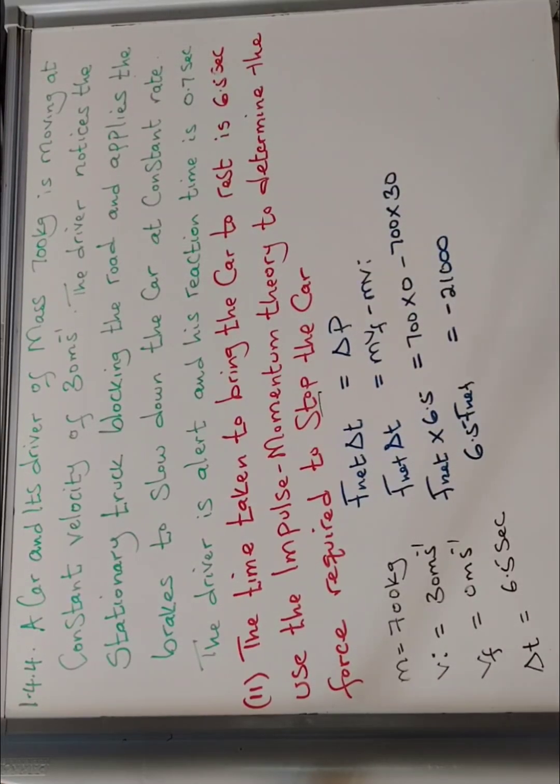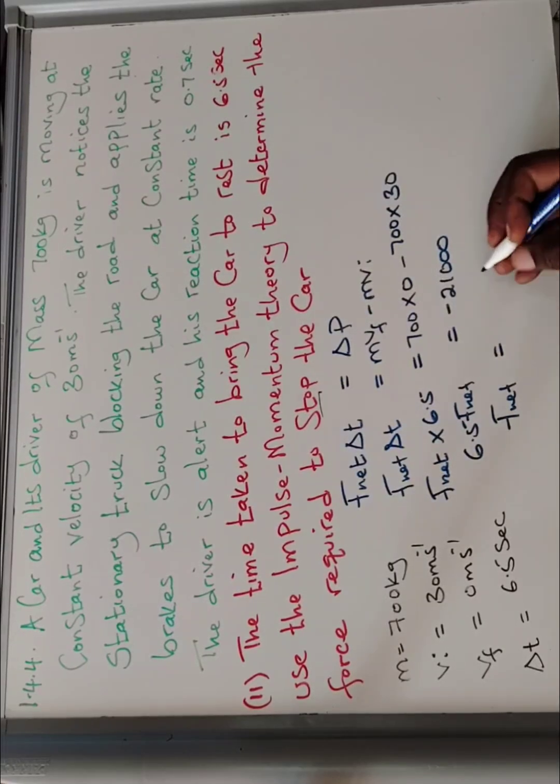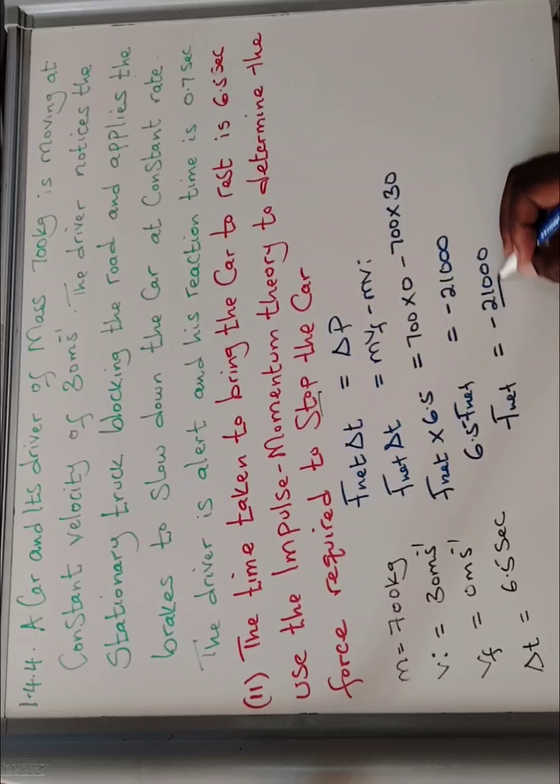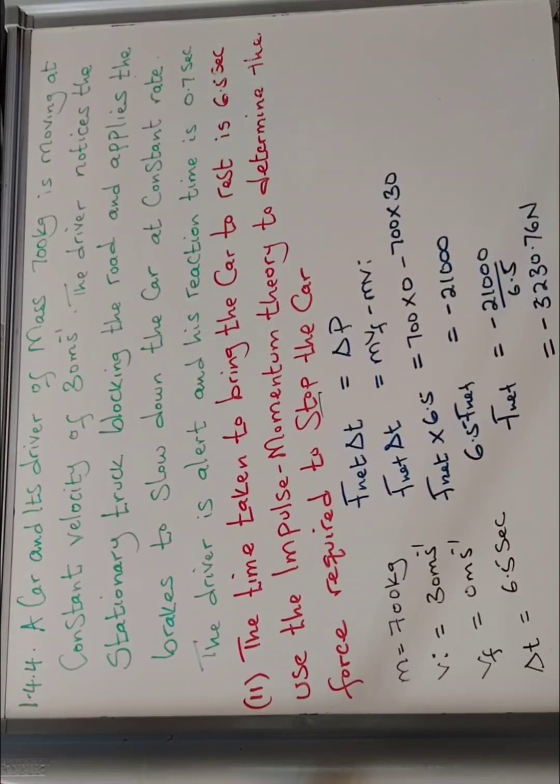Okay, from here, now we have our F net. Our F net is going to be negative 21,000 divided by 6.5, giving you, let's see what we get. So that is what we have.